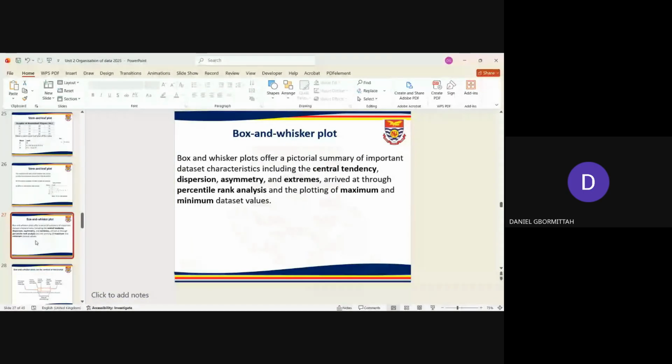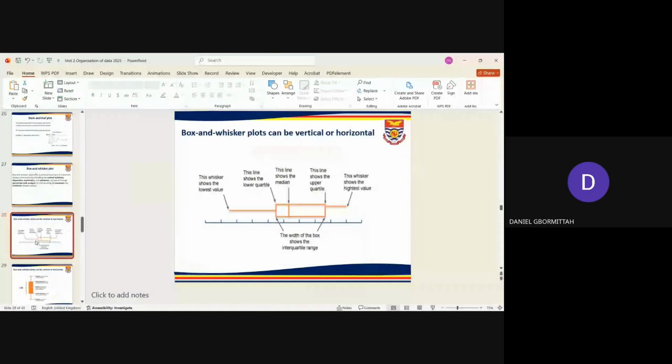It displays some of these characteristics of a data set: the central tendency, the dispersion, the asymmetry, the extremes, the percentile rank analysis, and you can also find the maximum and the minimum values for that data set. So now let's see how we can represent that pictorially.